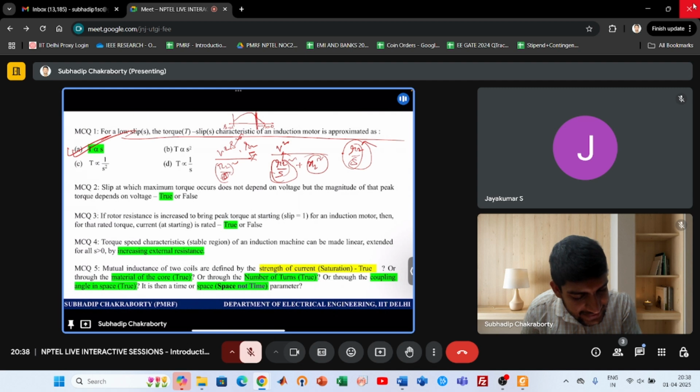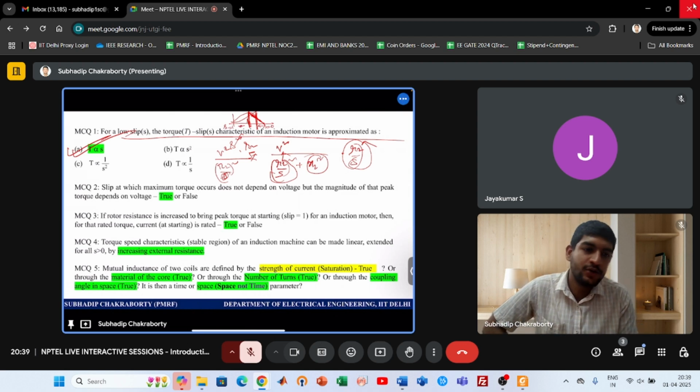At low slip, as you increase slip, it is almost linear. And for high slip, you will find it is 1 by s. As slip increases in this region, torque reduces, so 1 by s. And you merge both, you get these characteristics. This is understandable, right?